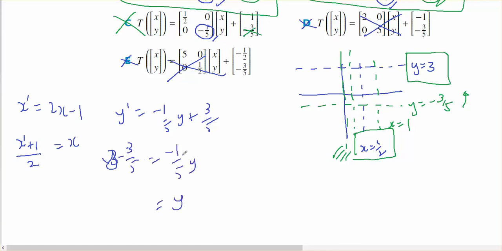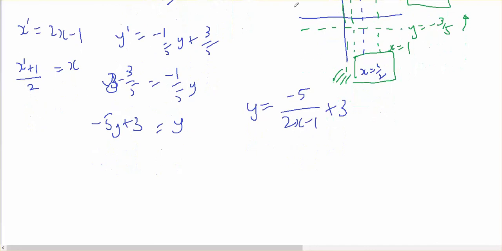So y is going to equal negative 5 times (y dash minus 3/5), so minus 5y dash plus 3. So if I've got y equals negative 5 over 2x minus 1 plus 3, that's my original. And the substitutions that I'm going to make will mean that I have minus 5y plus 3 instead of y.